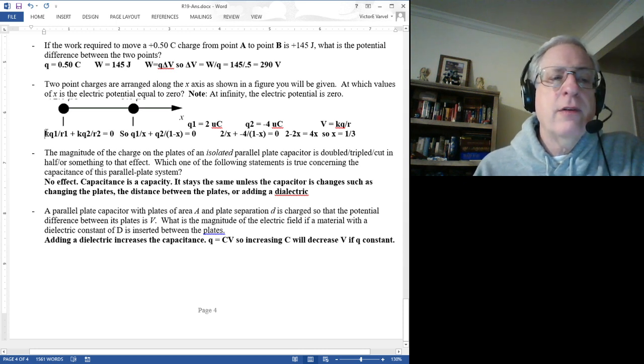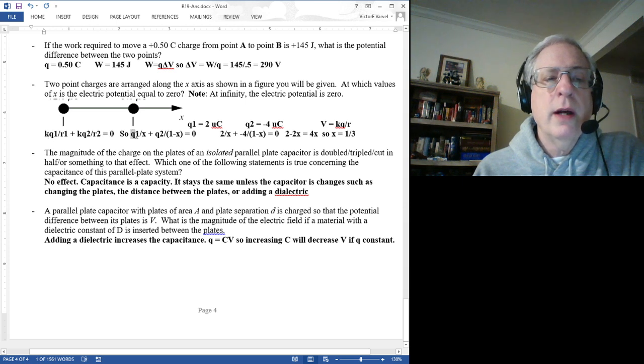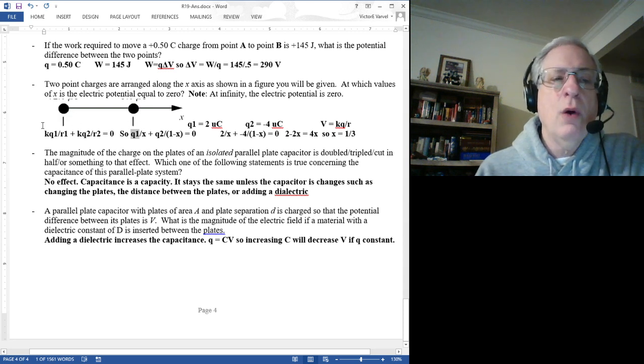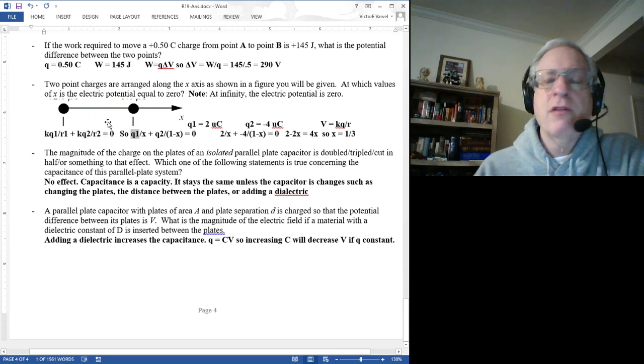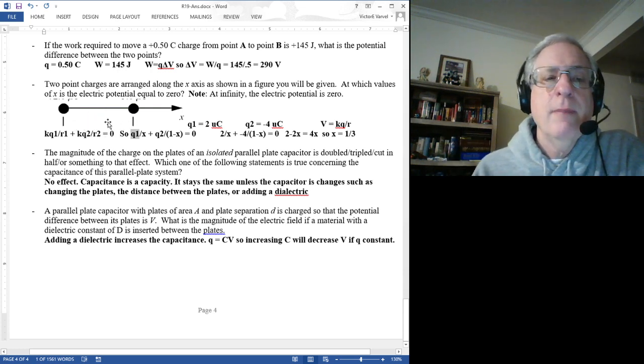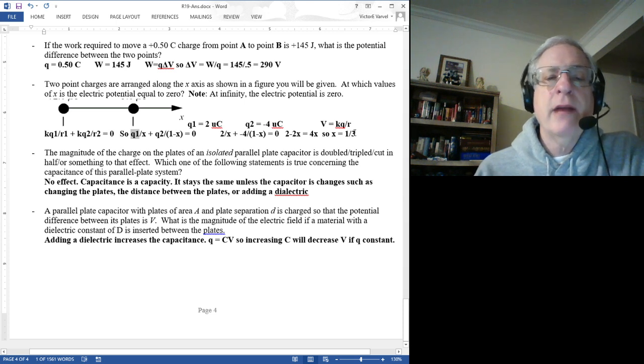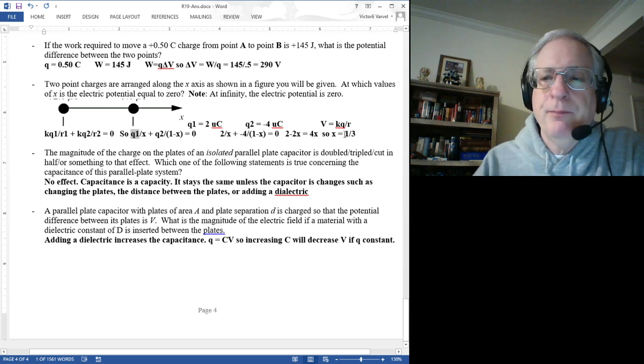And the K's cancel because I can just divide by K. So I end up with Q1, the charge of this one, divided by X plus Q2, the charge of this one, divided by 1 minus X. Because if the whole distance is 1 and I make this part X, then the remainder has to be 1 minus X. So I know what Q1 is, it's 2. I know what Q2 is, it's -4. I put those into the equation. I solve for X and I get X is equal to 1/3.